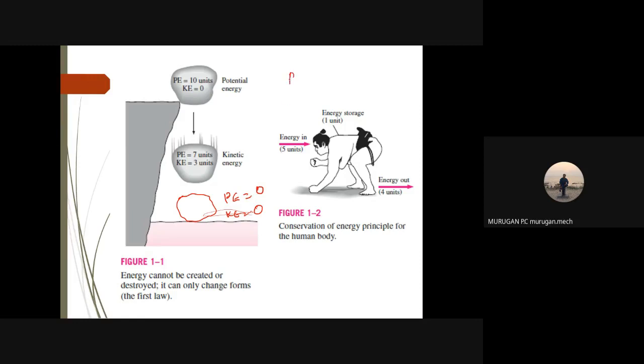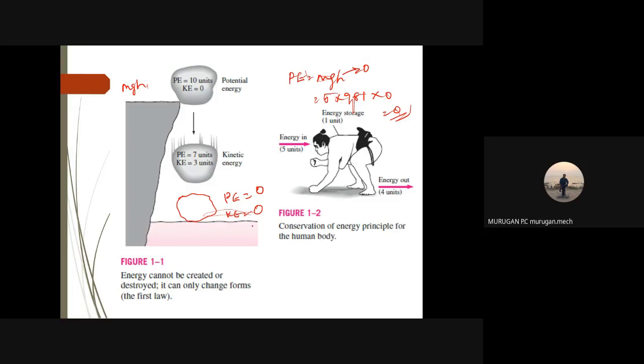The formula for potential energy is mgh. The height is 0. If the height is 0, then with a mass of 5 kg of stone and 9.81 as acceleration due to gravity, the entire value will be 0. So the height plays an important role in the potential energy, given by the formula mgh.